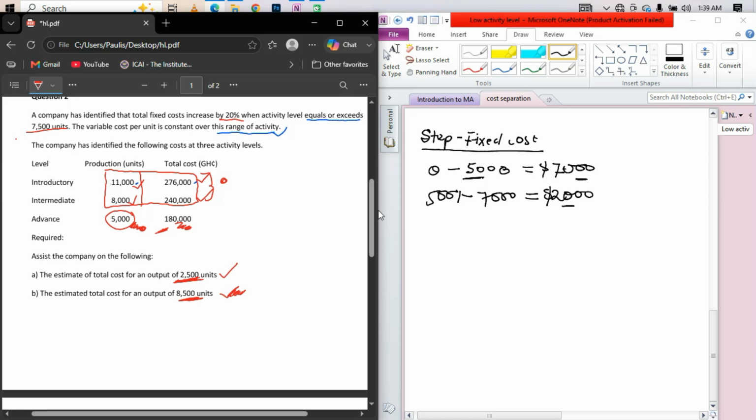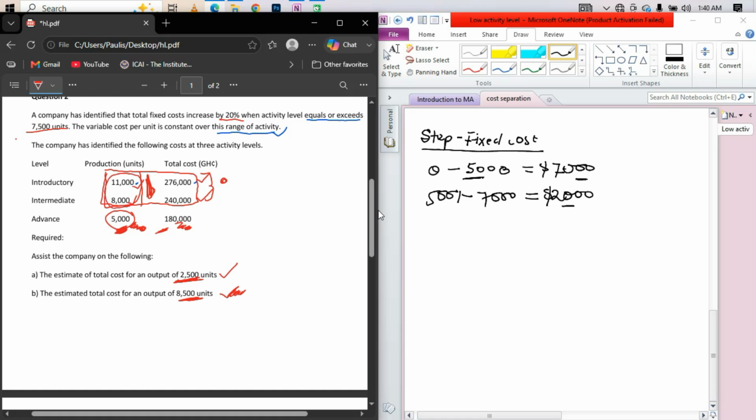Okay, so using the high-low method, let's see how we are going to separate and get the fixed component and the variable component. In this case, because these two fall within one category, we are going to use these two. When you're using the highest activity level and the lowest activity level, you are not going to use 5,000 because 5,000 is below the range, and these two are within one range.